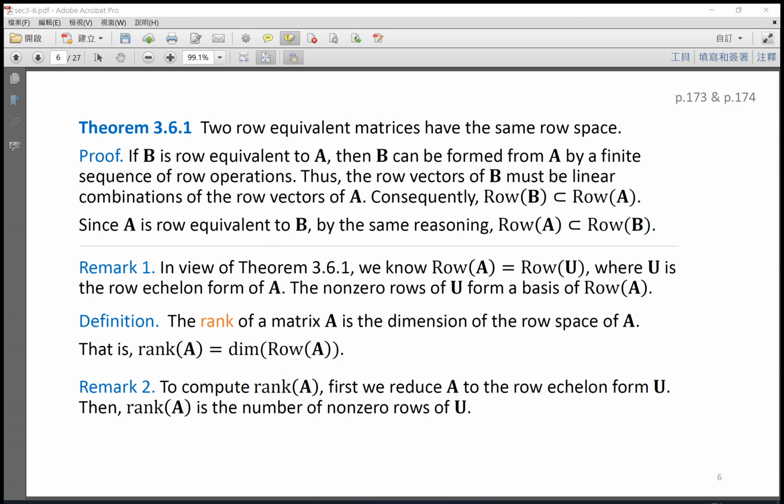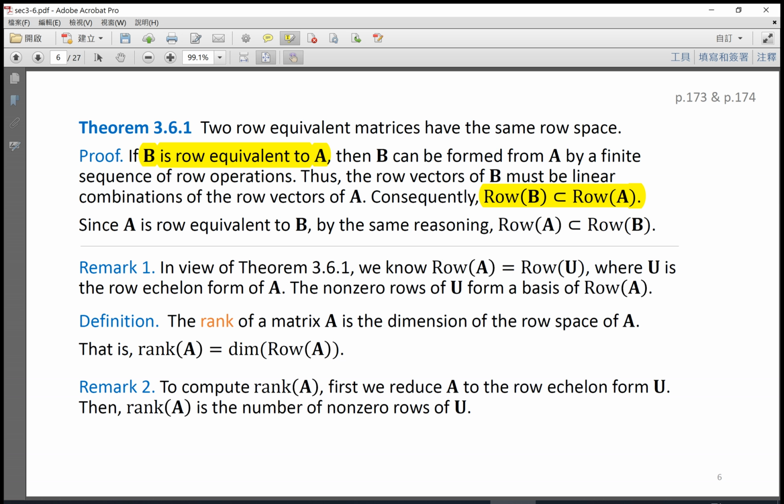Next, let's see the proof of Theorem 3.6.1. Suppose B is row equivalent to A. This means that B can be formed from A by a finite sequence of row operations. Therefore, the row vectors of B must be linear combinations of the row vectors of A. Hence, row(B) is a subset of row(A).